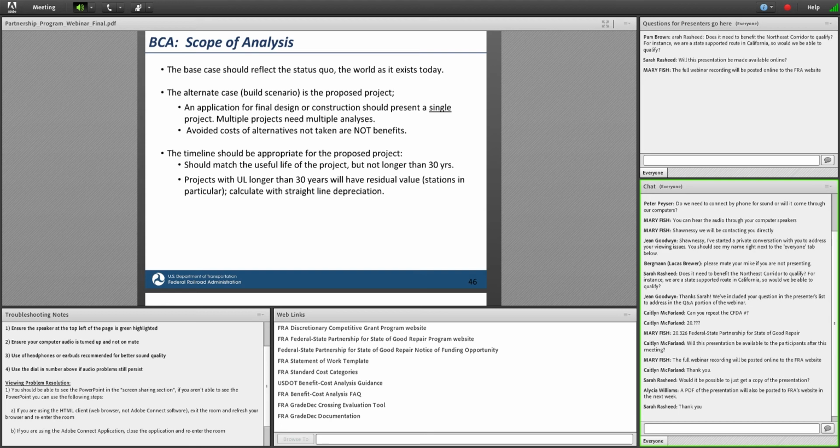It's very important that the scope of your analysis match the scope of your project. We've had situations in the past where people are applying for a subcomponent of an overall series of projects, and they'll have a benefit cost analysis for the entire master plan.